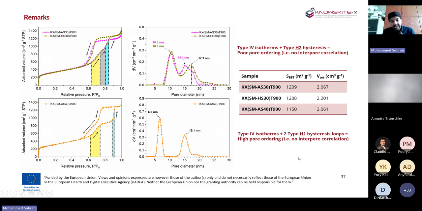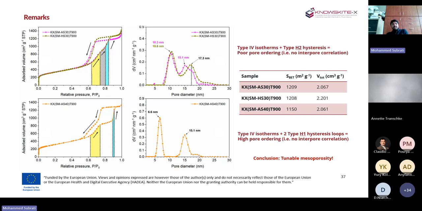In the second case, it is still type 4, but you can see it is basically a fusion of two type H1 hysteresis loops, like in the case of the monomodal mesoporosity, which means you have two distinct sets of mesopores that are highly ordered and not aggregated or intercorrelated.